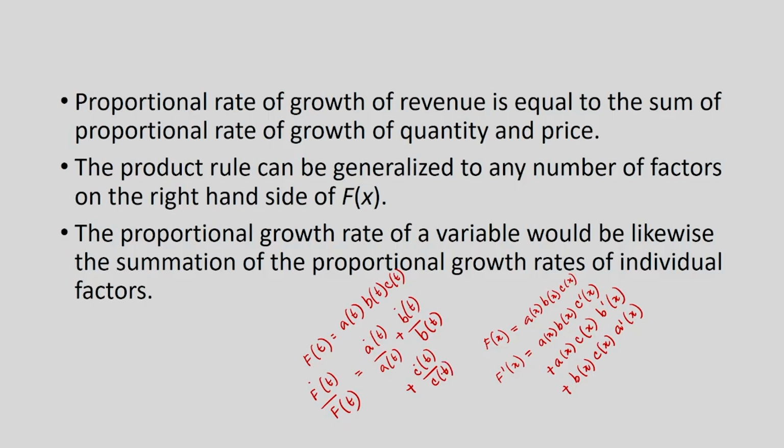So, it is basically summation of 3 terms. Each of these terms denotes the proportional rate of growth of each of these functions, 3 functions on the right hand side.